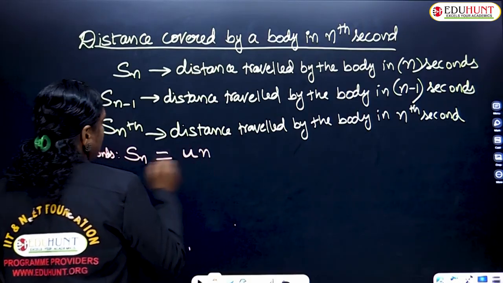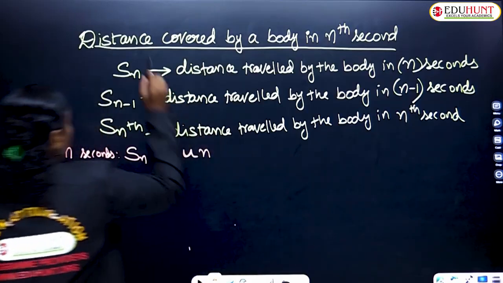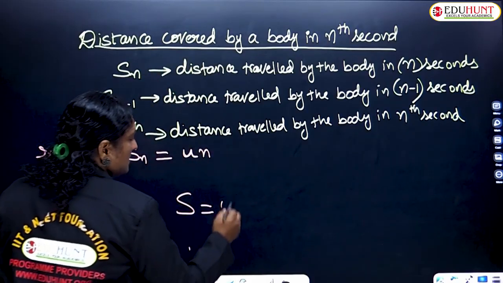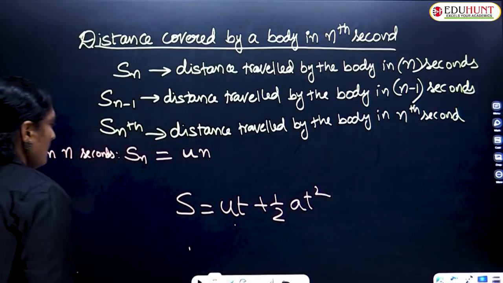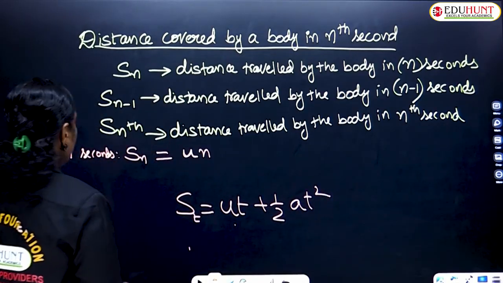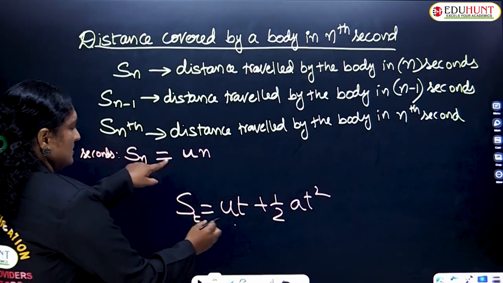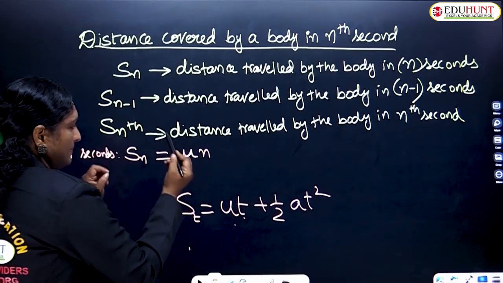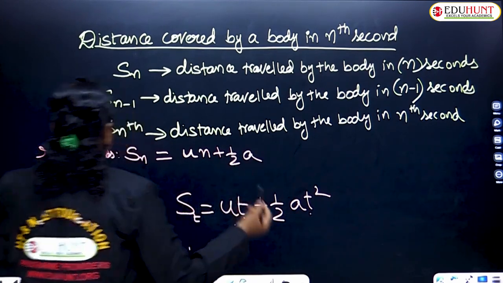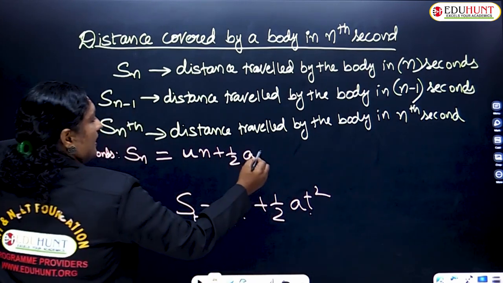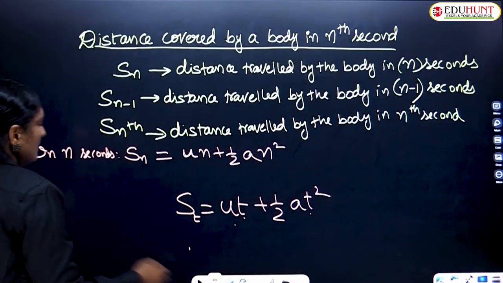S is equal to ut plus half at square, okay, this is for t seconds. So S equals, instead of t, I replace with n, un, plus half a, instead of t, I have to replace with n square.